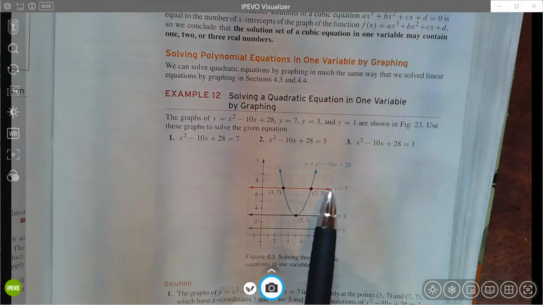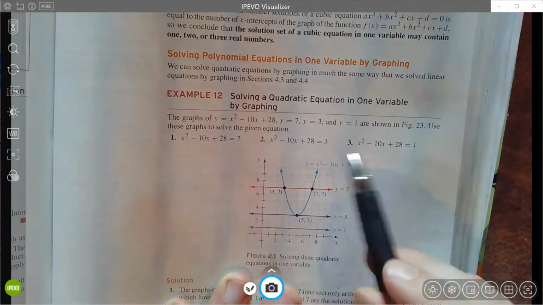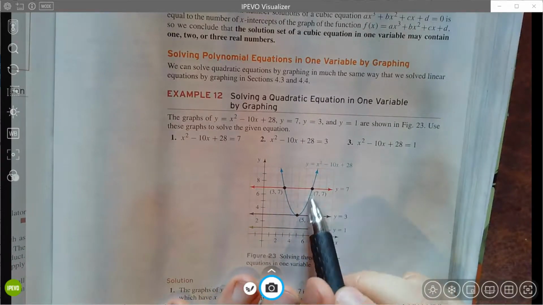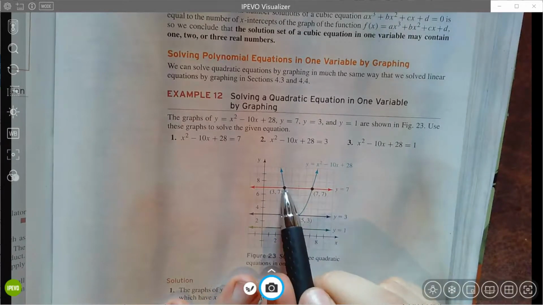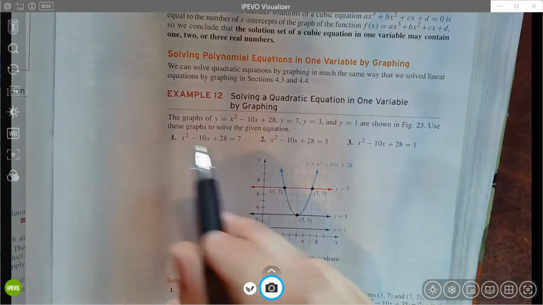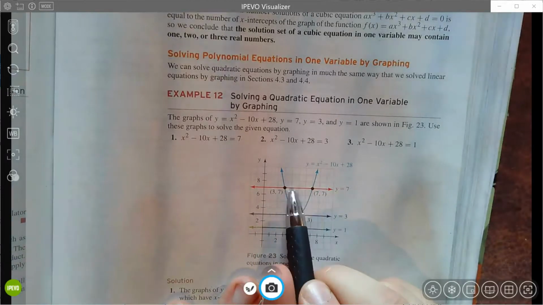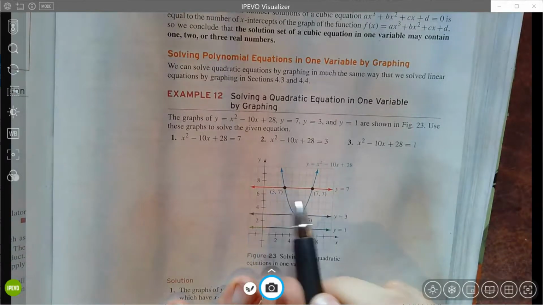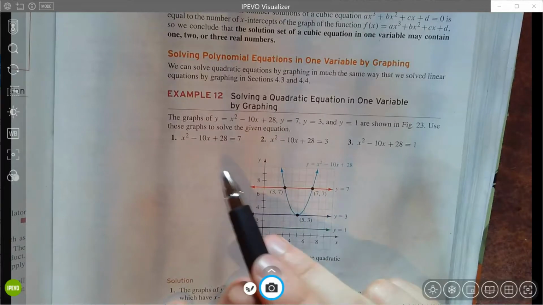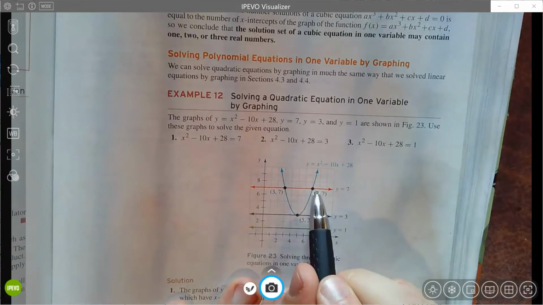And the right side is this red line. So when the left side equals the right side, I just find where these two things cross. And they cross at this point and at this point. Since I'm just solving for x, I just give the x values at those 2 points. So the answers would be 3 and 7. So the answer to number 1 is x equals 3, that 3, and x equals 7 because of that 7.